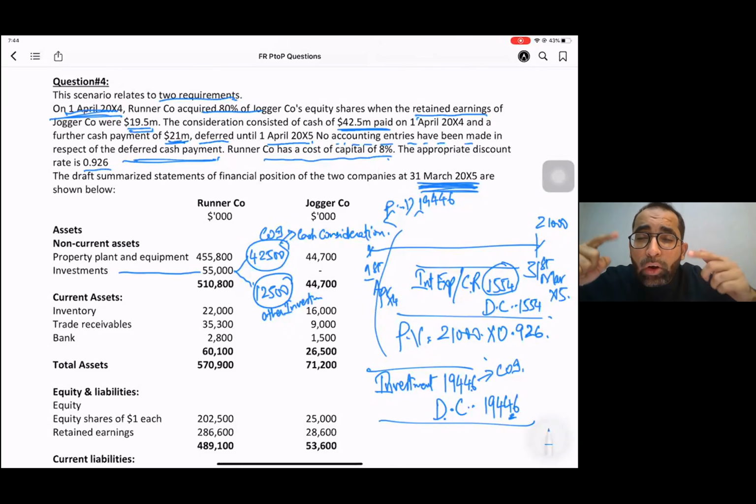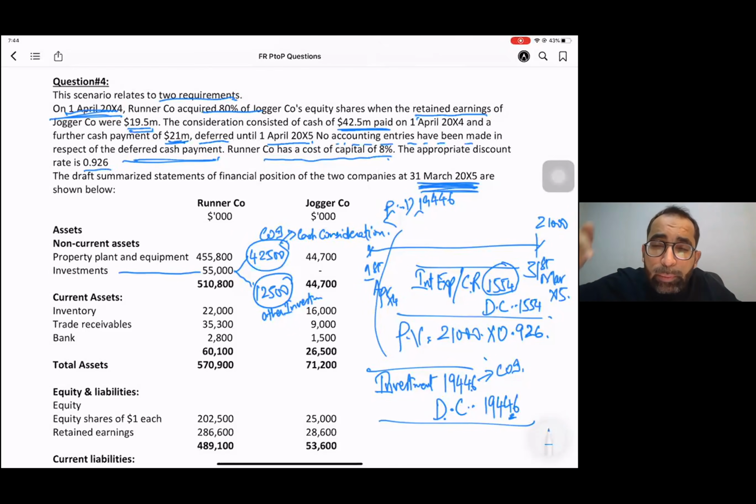Why? Because this deferred consideration loan belongs to P company, and when the loan belongs to P company, this interest expense also belongs to P company.